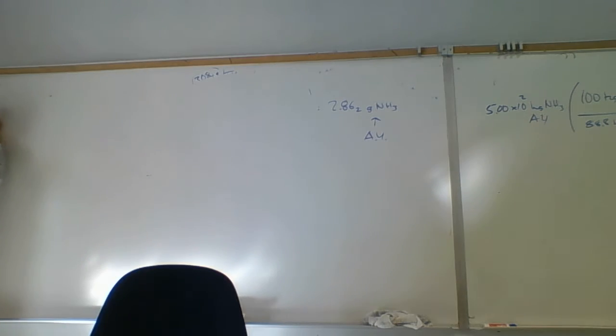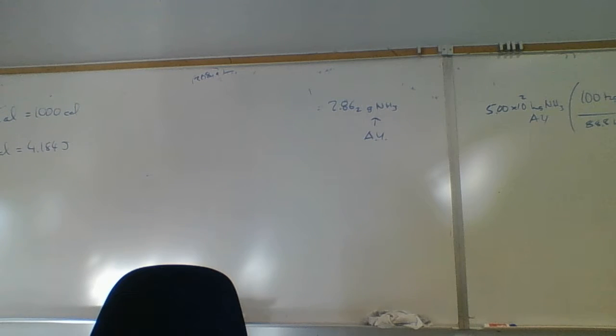The ones you need to remember are 1 food calorie is equal to 1,000 chemical calories, and 1 chemical calorie is equal to 4.184 joules. Joules has a physics type definition where you lift a mass, the calorie is just heating water. And so we'll do some conversions here.